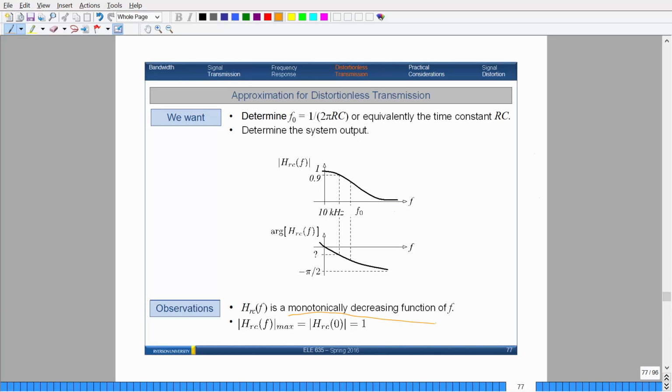Also, the maximum amplitude is found at the DC component, which is equal to 1, which actually makes sense, because the transfer function magnitude is 1 over the square root of 1 plus f over f naught, squared. At f of 0, you do get a magnitude of 1.